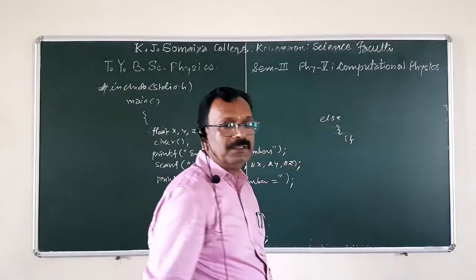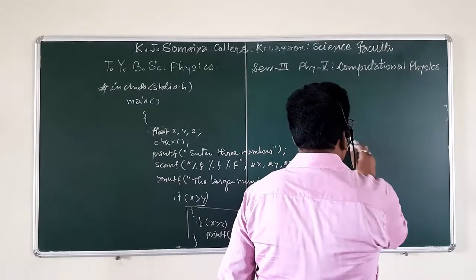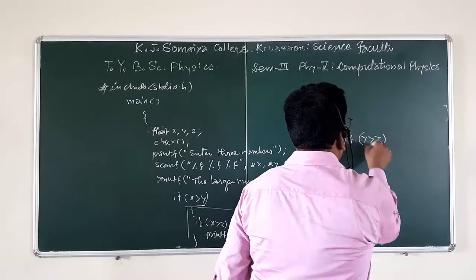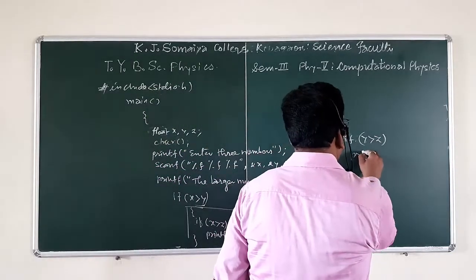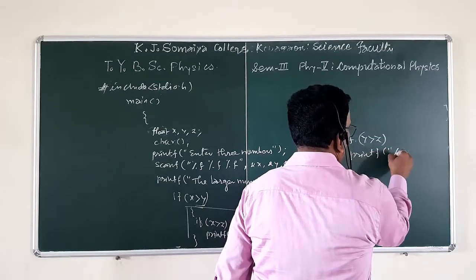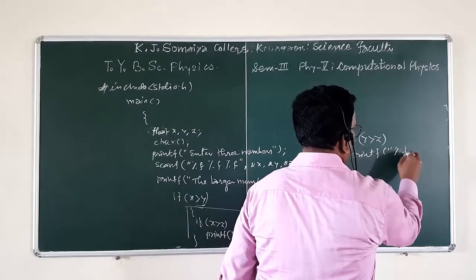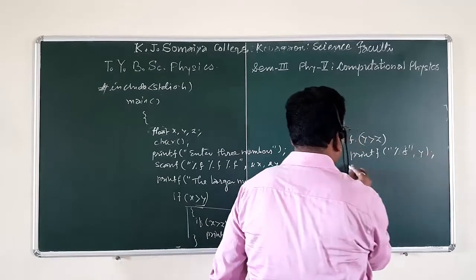Else, and here again if, what is the next condition? If y is greater than z, the second condition is checked. If this is true, then printf "%f" and y.